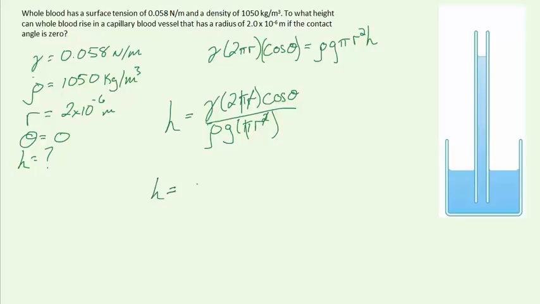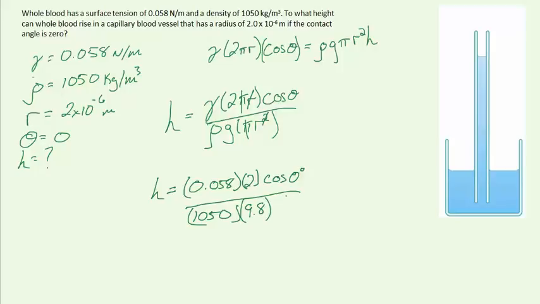So we have our surface tension of 0.058 times 2 times the cosine of 0, divided by the density of the fluid multiplied by the acceleration due to gravity times the radius of the blood vessel of 2 times 10 to the negative 6. We multiply this through, and we see that the height that the fluid will rise through the blood vessel will be equal to 5.6 meters.